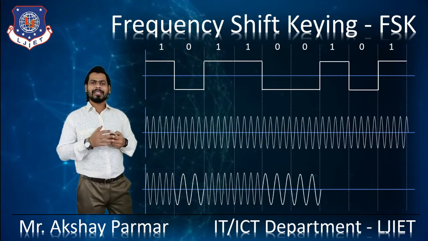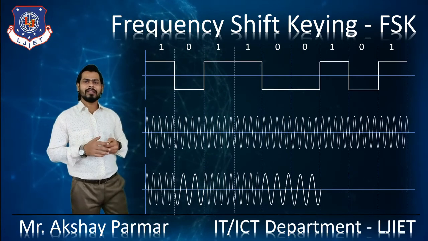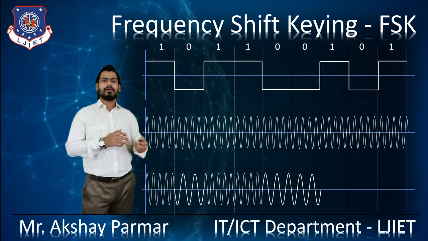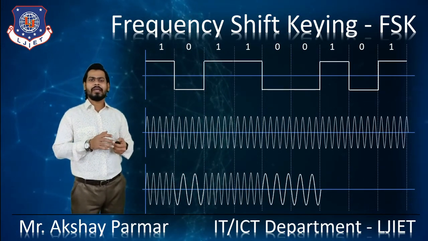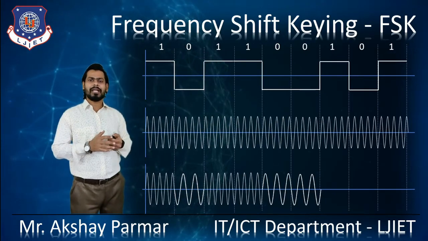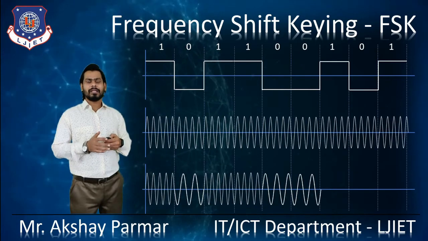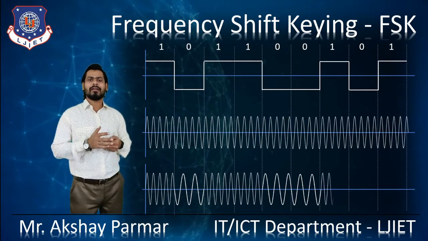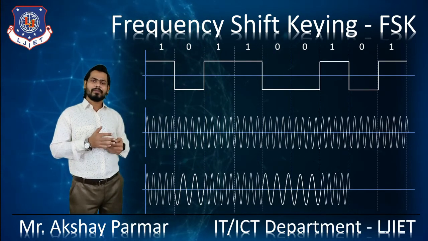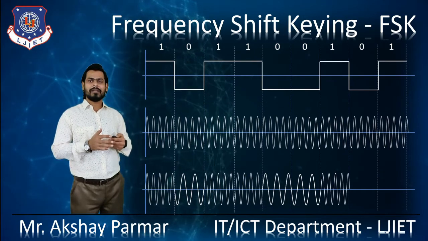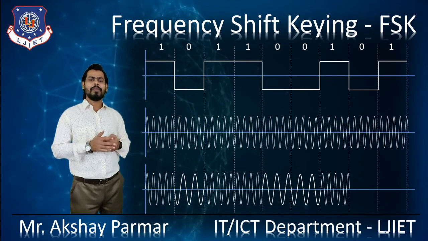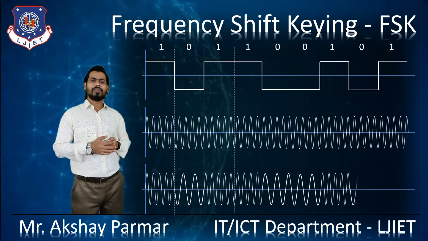So to represent that digital data, we are modifying the analog signal. Here in FSK, we are modifying its frequency, right? To represent the higher bit, we use the signal with the higher frequency, and to represent the lower bit, we use the lower frequency, right?